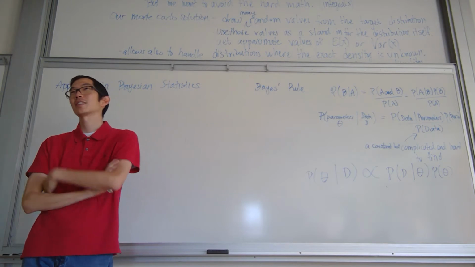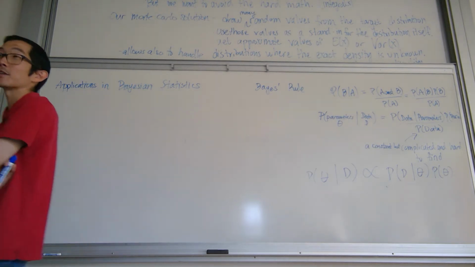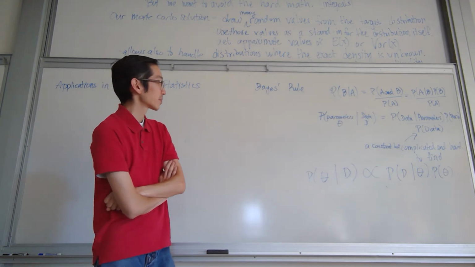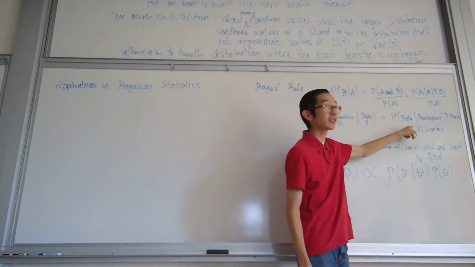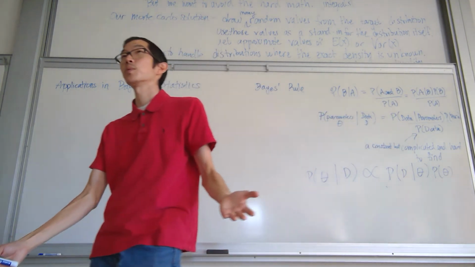There's two of them. Integration over the whole domain is 1, exactly. And then the other one is that it's always positive. It's never negative. And that's all this serves. This constant is here so that when you integrate over the entire domain, it integrates to 1.